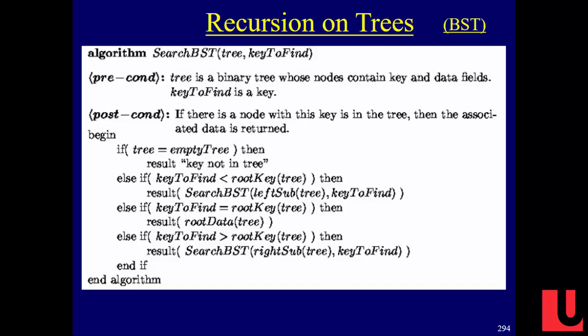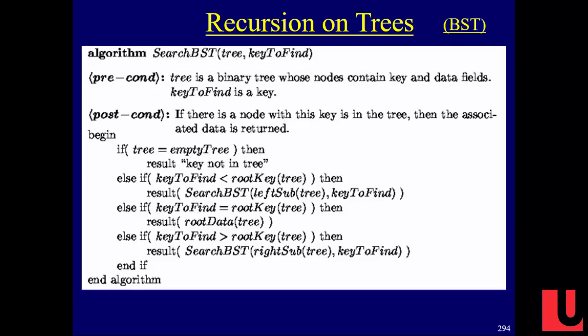Otherwise, if I have a root, I compare the key to the root, and if the key's smaller, then I search the left subtree to find the key. And you'll note whatever answer my friend gives, I return.